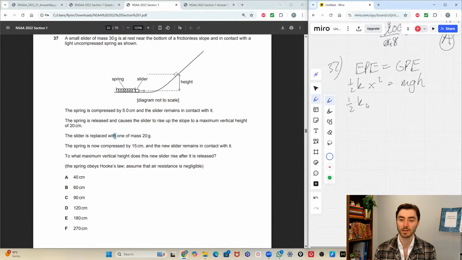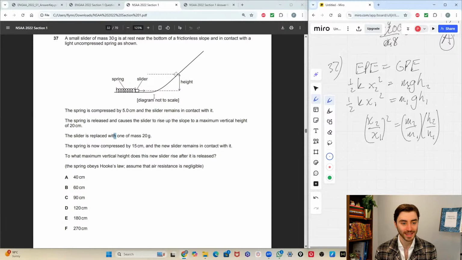The k is a constant, so I'm going to call that x2, mass 2, height 2, and rewrite that for mass 1. Apologies, this isn't a true life solve anymore, but can't avoid it. m2 over m1 times h2 over h1.